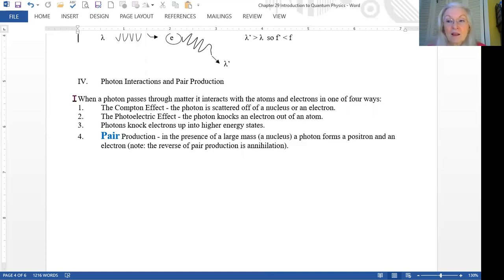An interesting thing is that the reverse of pair production is annihilation. You've got a positron and an electron coming together, and when they meet, they are no longer particles, but they give off the energy.